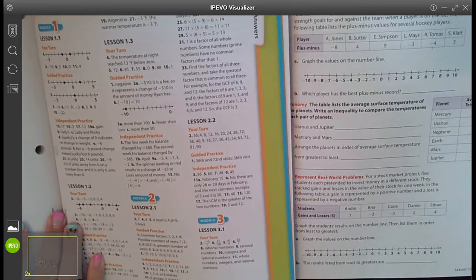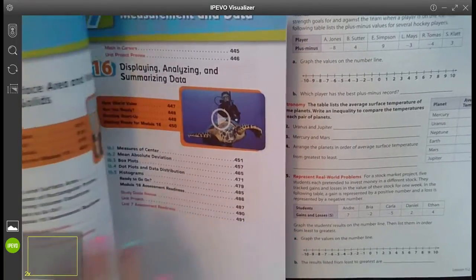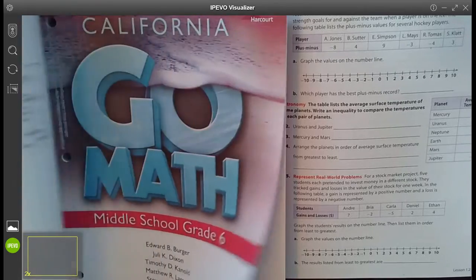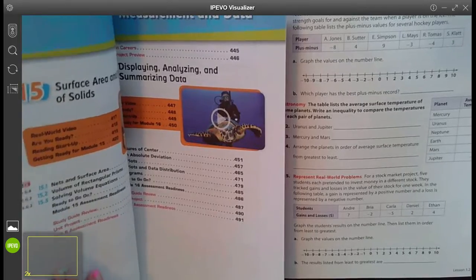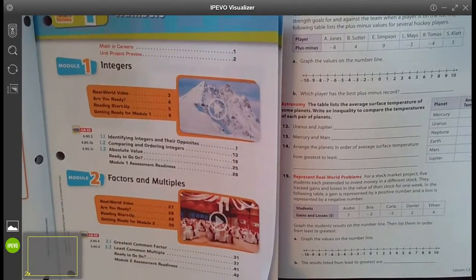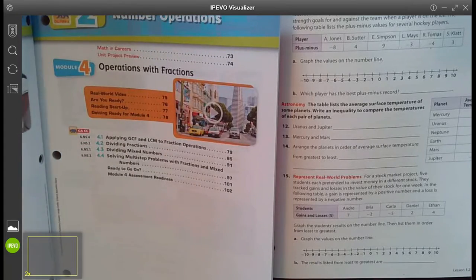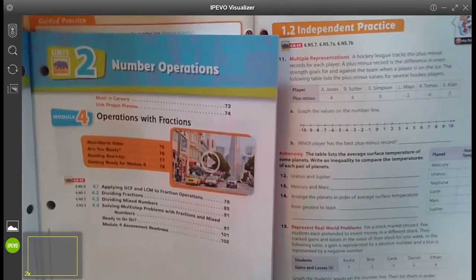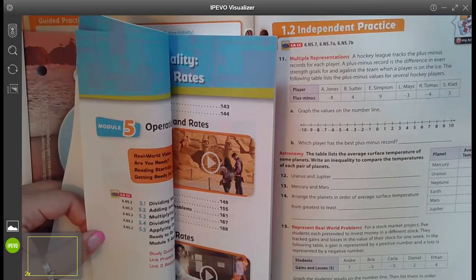If you ever get confused about what page certain things are on, remember the very front of all books is the table of contents. This is really helpful. It breaks down the units. Right here, Unit 1 is made up of mods 1, 2, and 3, and Unit 2 is mod 4 and mod 5.